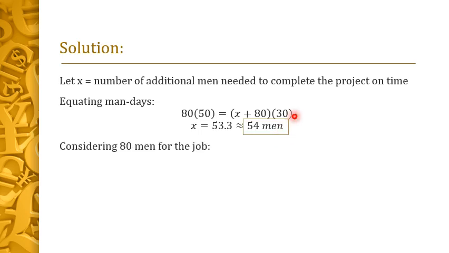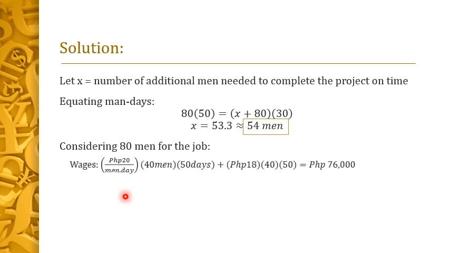Now, we consider if it's just 80 men for the job, meaning no additional men will be employed, but there will be liquidated damages because there is a 20-day delay of the project. First, let's compute the wages. For the first 40 men, that is 20 pesos per man per day, times 40 men times 50 days. We cancel men, we cancel days.